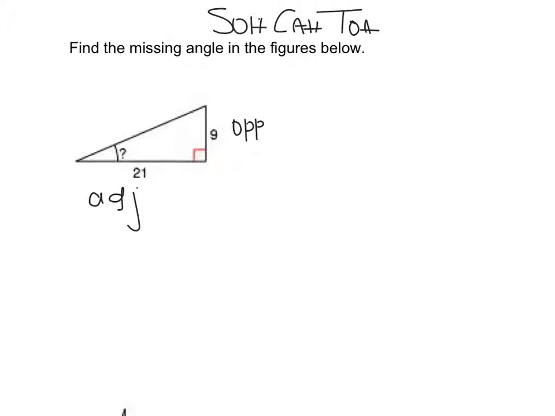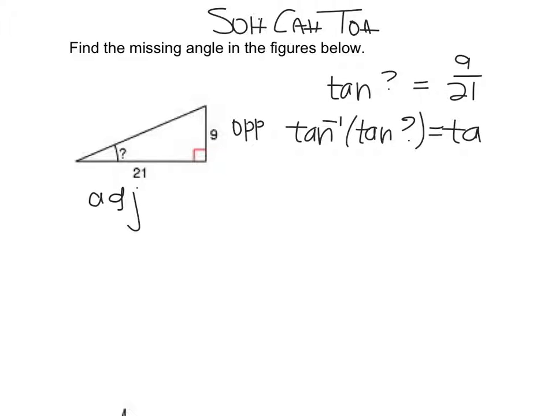So opposite over adjacent is tangent. So we'll have tangent of our angle equals 9 over 21. We take the tangent inverse of both sides. And our missing angle ends up being 23.20 degrees.